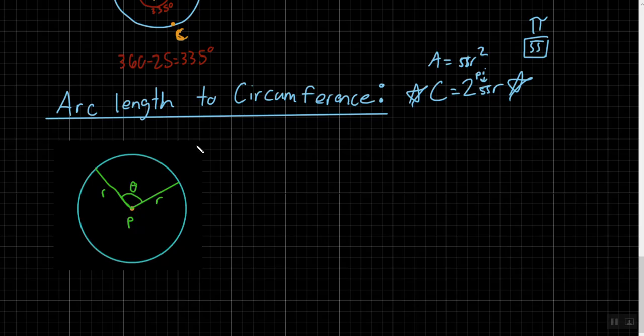Up above, when I talk about A and B, this length right here I'm going to call S. So S equals arc length, R is our radius, and theta is an angle.